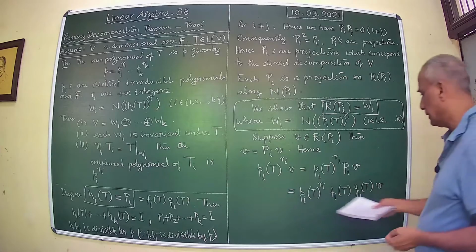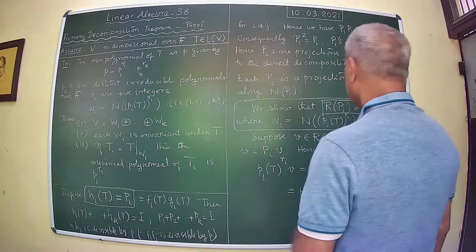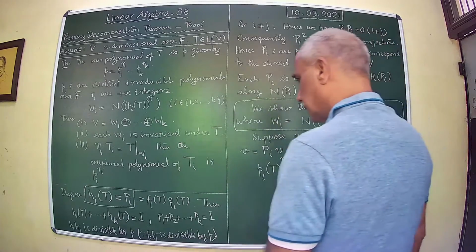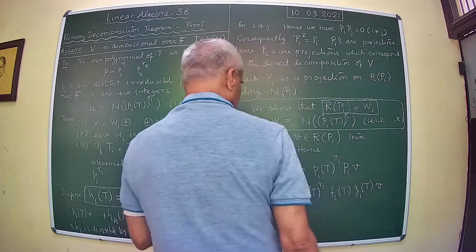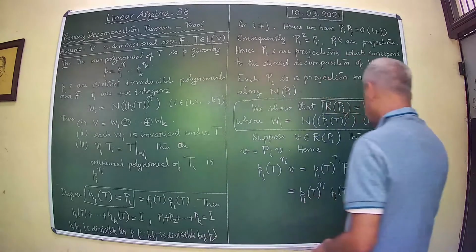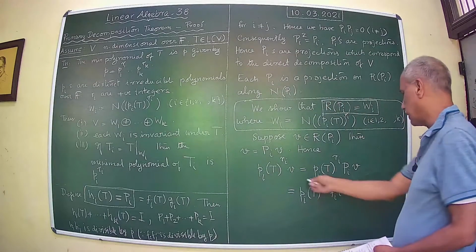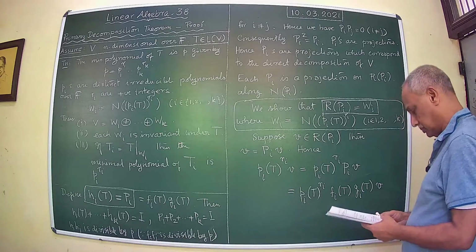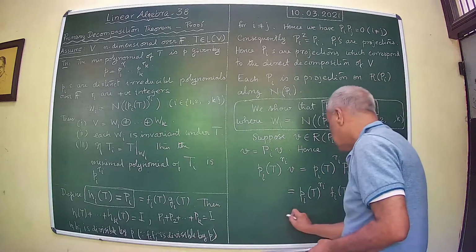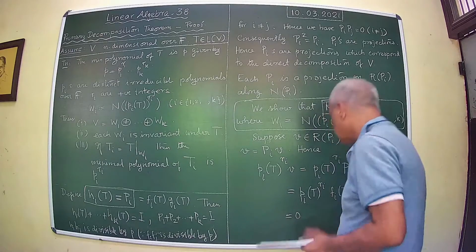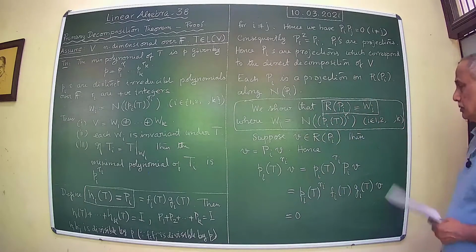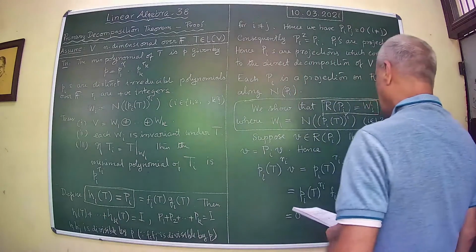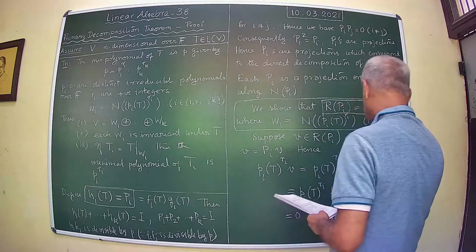Now you see that what we have, with some observation. Look at this part. We claim that this part is 0. Why is it 0? Because you see that Pi T to the power ri, or P divides this.